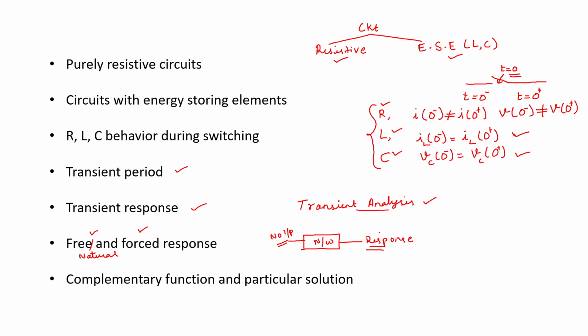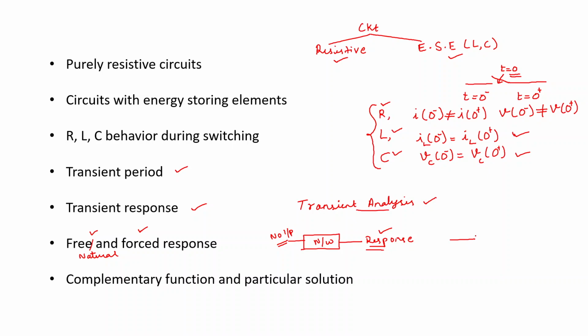Of course, this free response will die out quickly because it is only because of the initially stored energy. This initially stored energy would decay to zero. So this free response will decay to zero as quickly as possible.